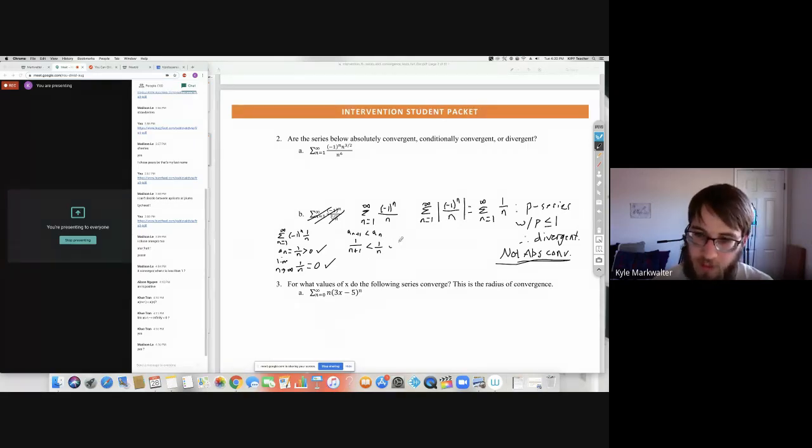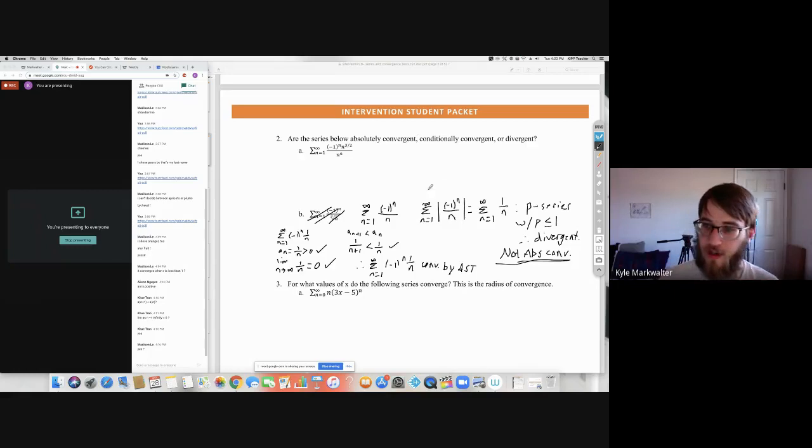Yes, because n plus 1 is a bigger denominator than n, making this fraction smaller. Great. And then you can say, therefore, my series here converges by the alternating series test, AST.